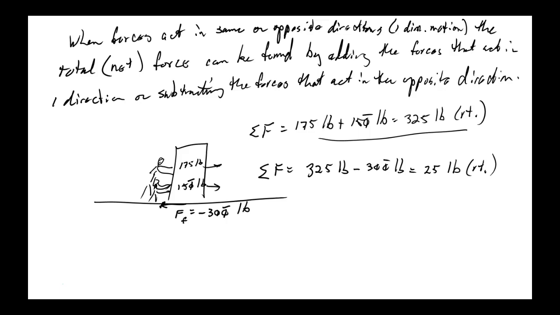Now, here's a dumb question perhaps. If it had been just the big guy pushing, what would have happened to this situation? It would not move, because static friction, if he pushes with 175 and this has up to 300 pounds of frictional force, then it's only going to resist him with 175.